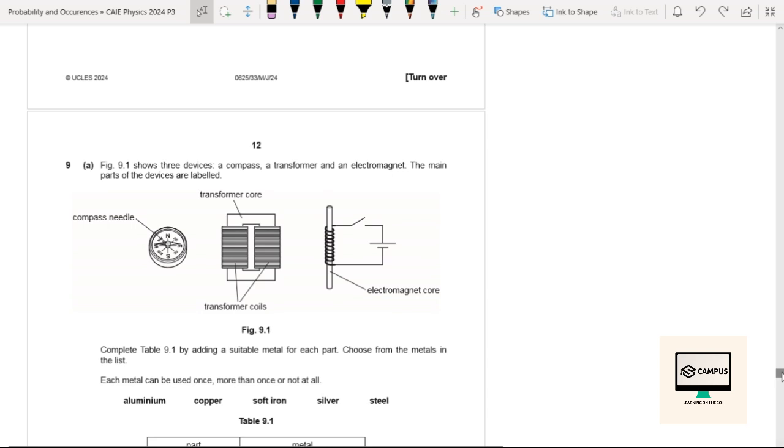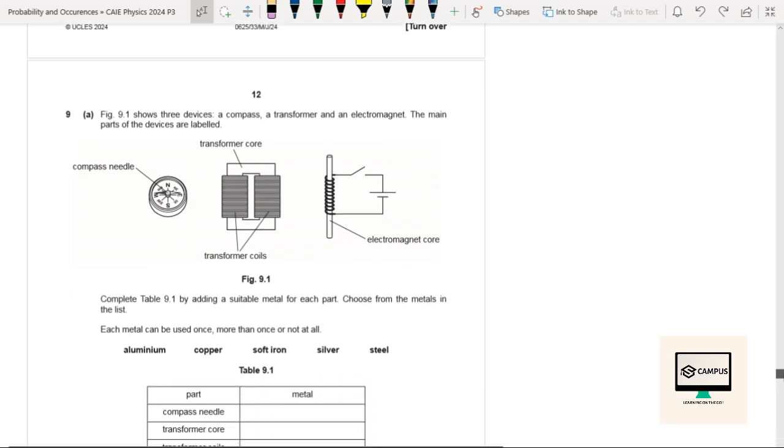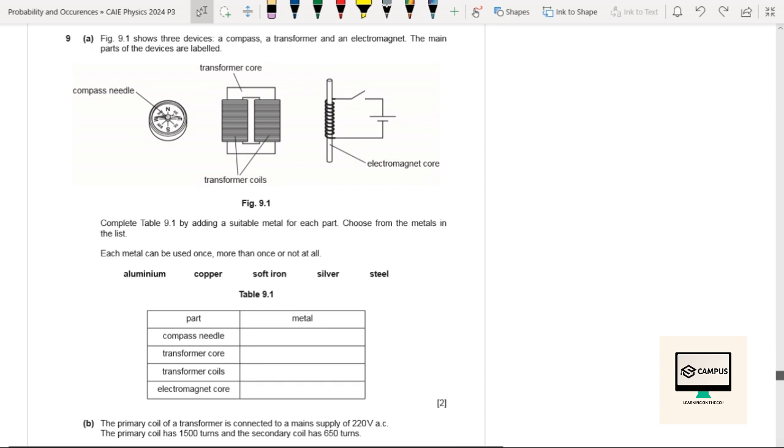All right, moving on to question number 9. 9a, figure 9.1 shows three devices: a compass, a transformer, and an electromagnet. The main parts of the devices are labeled, like the compass needle of a compass, the transformer core and coils, and the electromagnet core. So we have to complete table 9.1 by adding a suitable metal for each part and choose from the metals in the list.